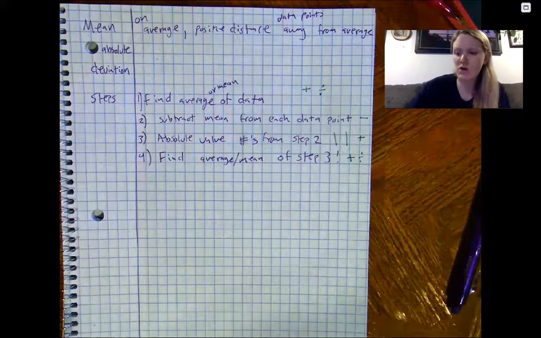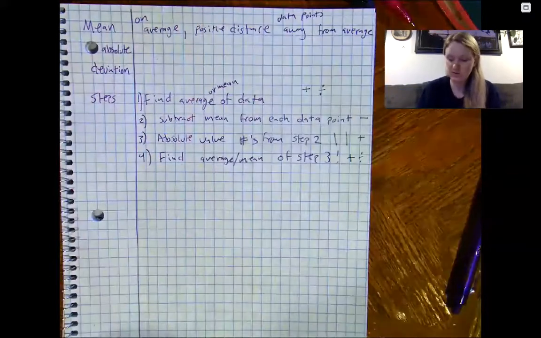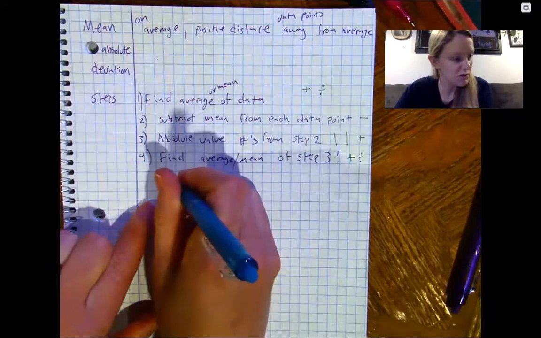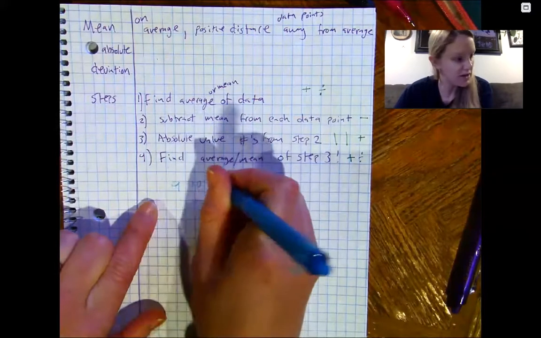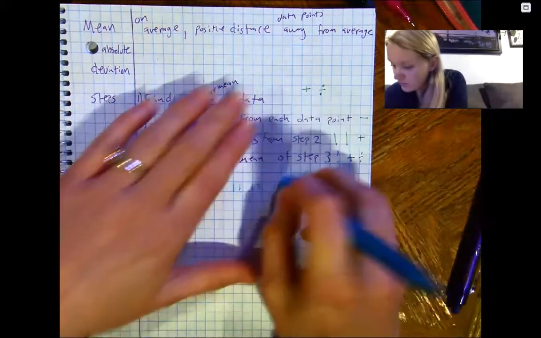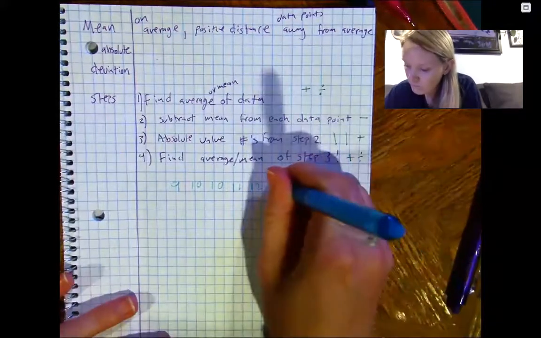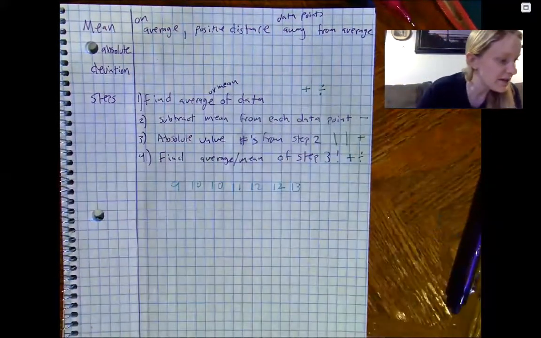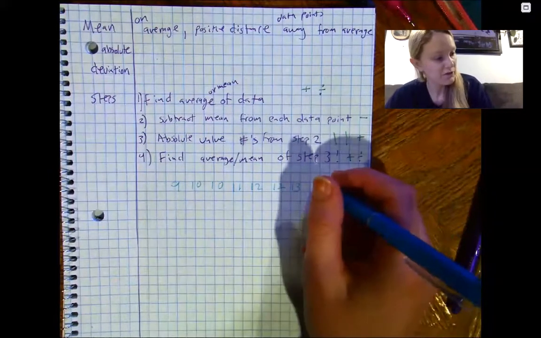So let's go back to our ages of kids at the movies, okay? Our ages of kids at the movies were 9, 10, 10, 11, 12, 13. Oh, there was another 12-year-old in there: 9, 10, 10, 11, 12, 12, 13.